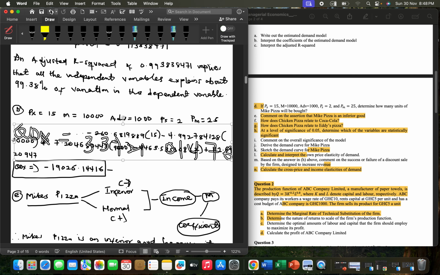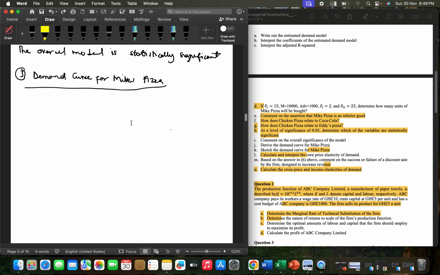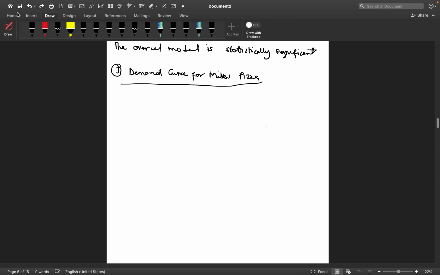It's not able to copy. Let me just go and write it there. So what we are going to do is rewrite that equation. The equation was QDX equal to, since we couldn't copy, we are rewriting everything.